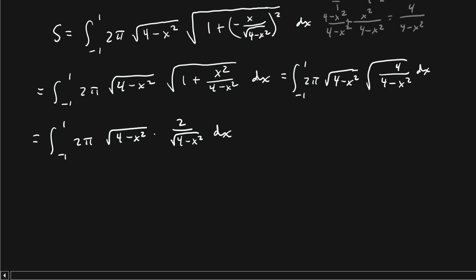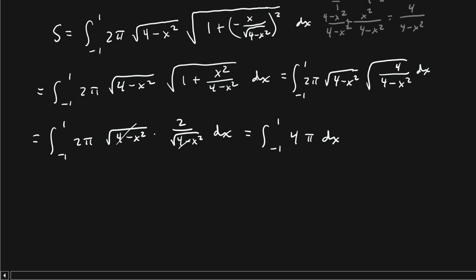So I just took the square root of the numerator, square root of the denominator, and you can see that those cancel, and I'm left with the integral from negative 1 to 1, and that's going to be 4 pi dx.